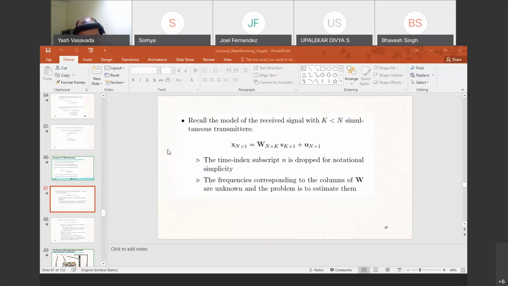MVDR is maybe more general than MUSIC, in the sense that, I don't know whether MUSIC can be thought of as a filter. Maybe not the specific technique of MUSIC, but the general underlying idea of forming the signal subspace can be thought of as a filter design solution.